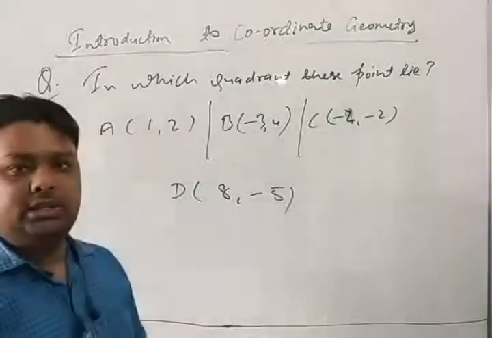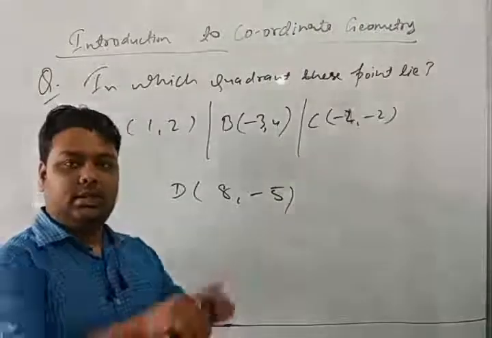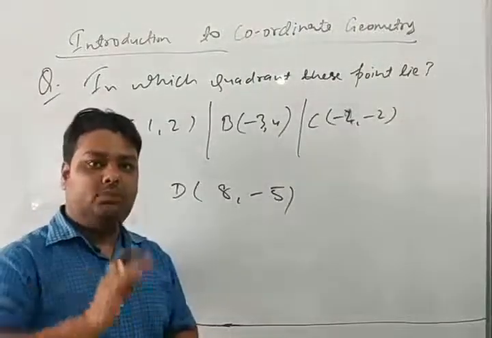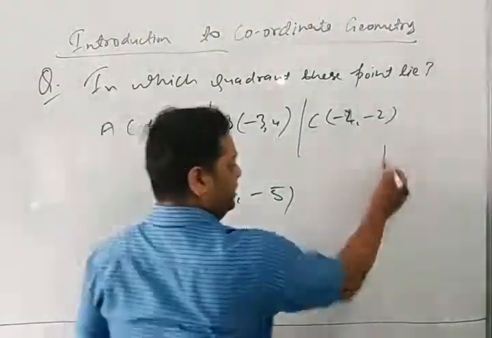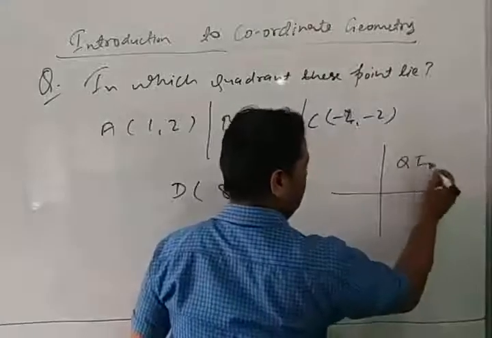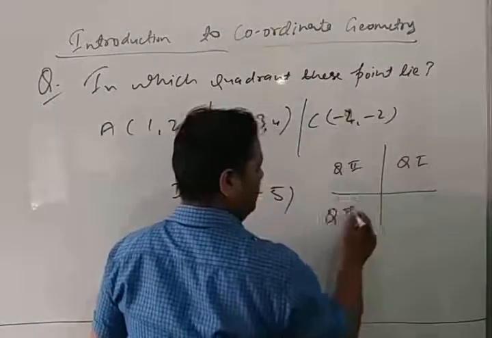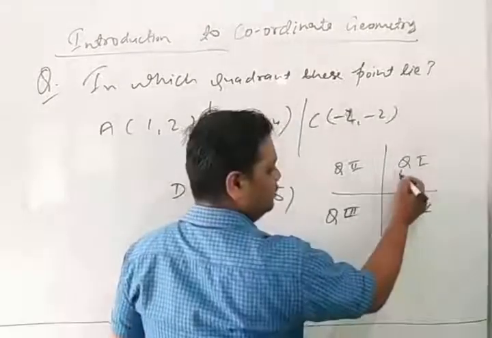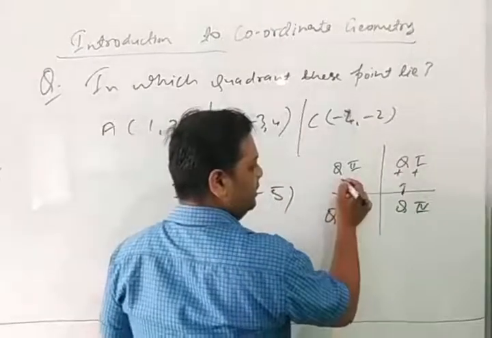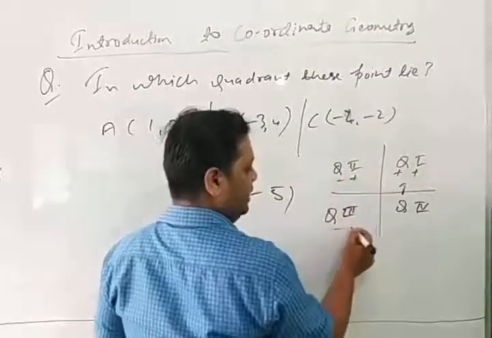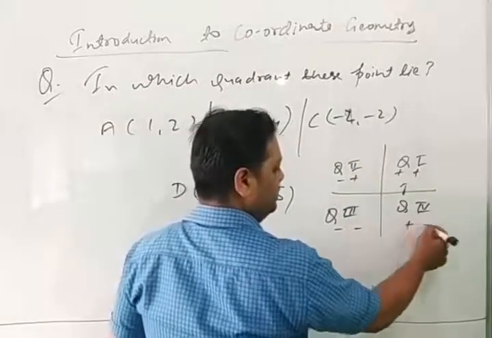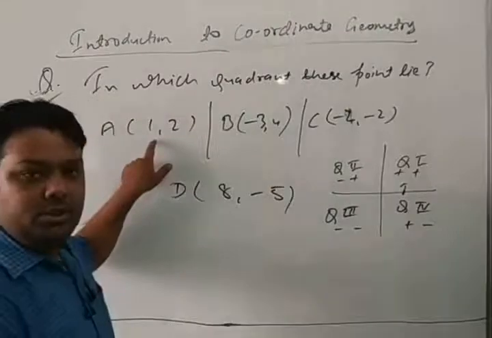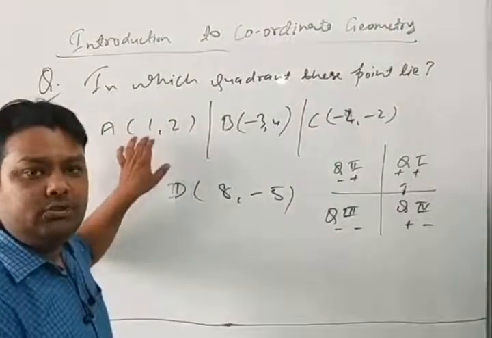Now, as I said in the previous class about the Cartesian plane, it is quadrant first, quadrant second, quadrant third, and quadrant fourth. This is plus plus, this is minus plus, this is minus minus, and this is plus minus. There is no need to see the number, only the sign.